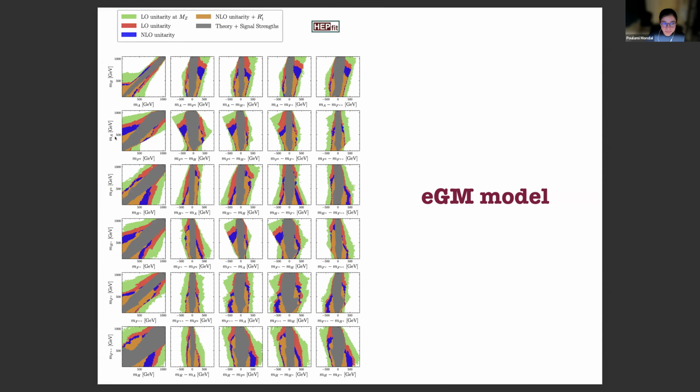This is the CP odd scalar, Ma, the mass of the CP odd scalar. So you can see that this is the allowed parameter space when you do not have any 95 GeV. Okay. This is the full general parameter space, just the constraints imposed on the parameter space. So there you can see in principle you can go to the lower mass region.